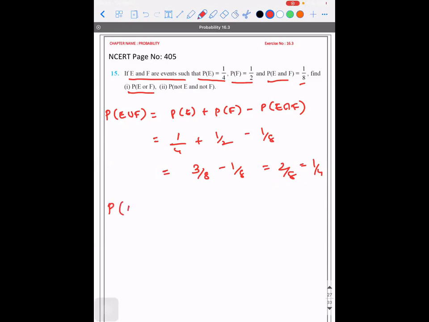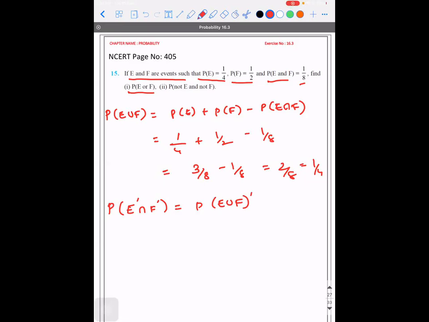Similarly, find P of not E and not F. So that is nothing but, guys, did you understand?